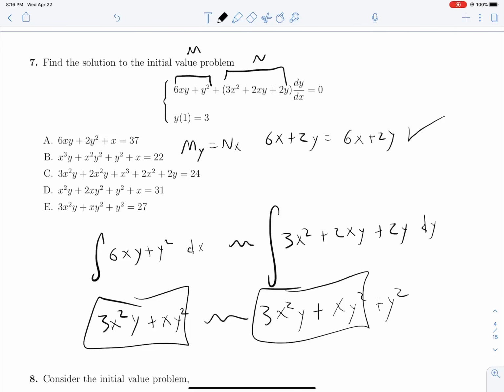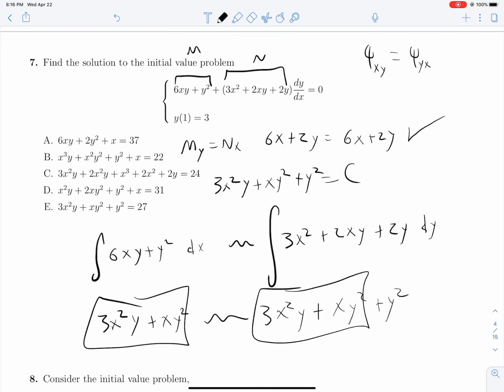And that's why, by Clairaut's theorem, if we call this function psi, that mixed partial derivative psi_xy must be equal to psi_yx. That's why we can check these two to see if there is some overall function that has these properties. So in the end, we get 3x squared y plus xy squared plus y squared is equal to some constant c.